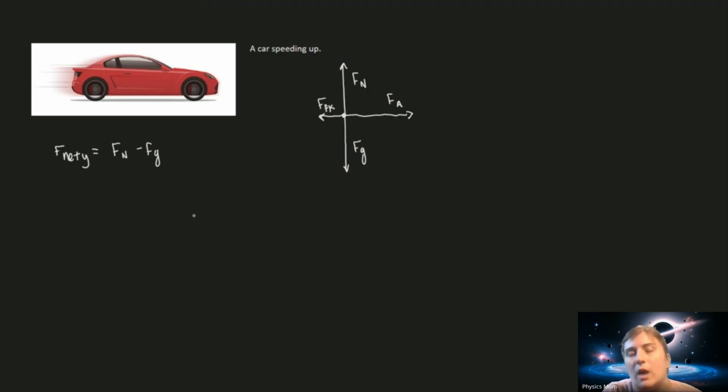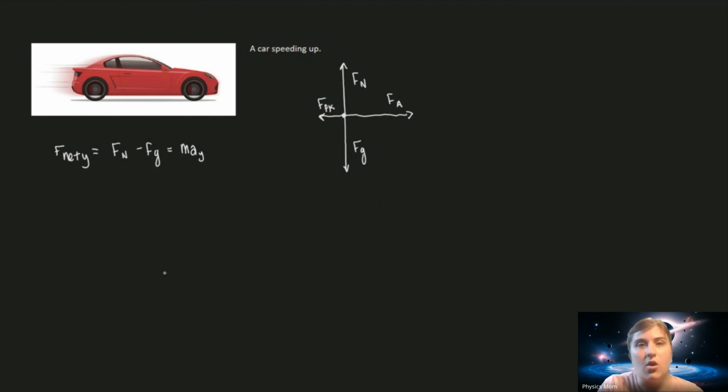If you wanted to be wacky and weird, you could call down the positive direction and up the negative direction. You can totally do that. Just make sure whatever coordinate system you set up, you stay uniform throughout. But generally, we denote up as positive, down as negative, right as positive, left as negative. And that's going to equal the mass times the acceleration. This would be just the vertical acceleration, so I'm going to denote a little y there.